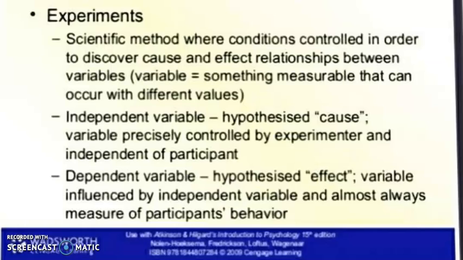For example, if our hypothesis is that violent video games cause aggressive behavior among children, then playing video games is the independent variable, whereas aggressive behavior is the dependent variable.